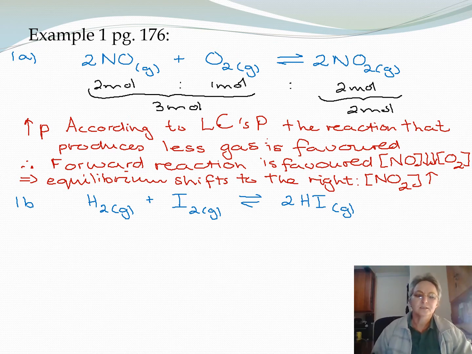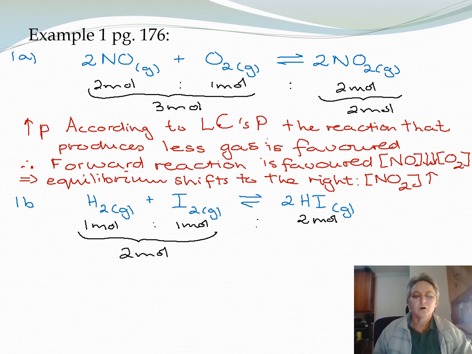To look at the second one, we see that we have 1 mole of hydrogen for every 1 mole of iodine, and there will be 2 moles of hydrogen iodide forming. So here you have 2 moles of reactants compared to 2 moles of products.